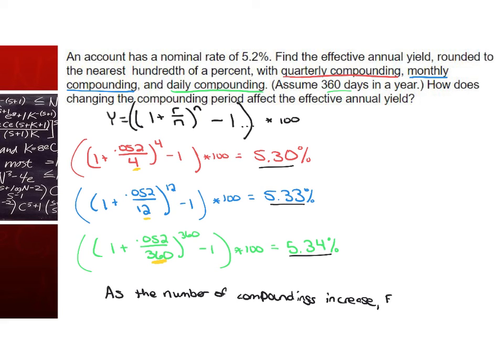Effective annual yield is increasing. So find the one that says as the number of compoundings is getting bigger, so is effective annual yield.